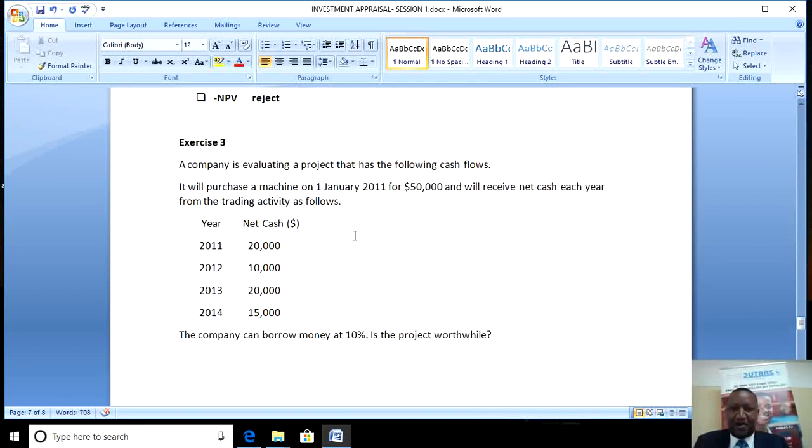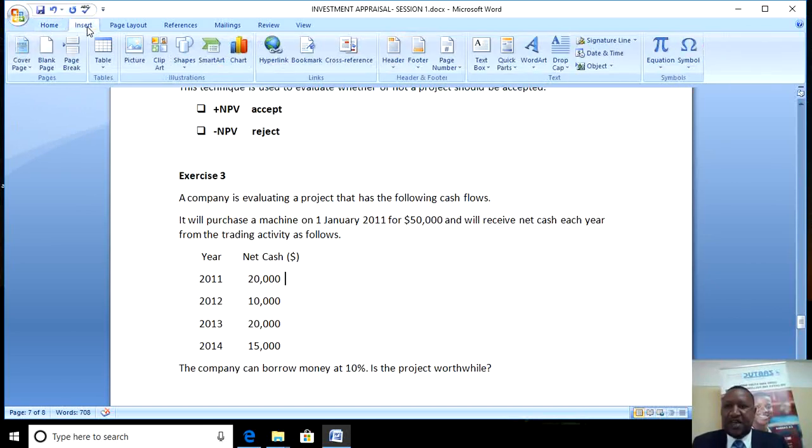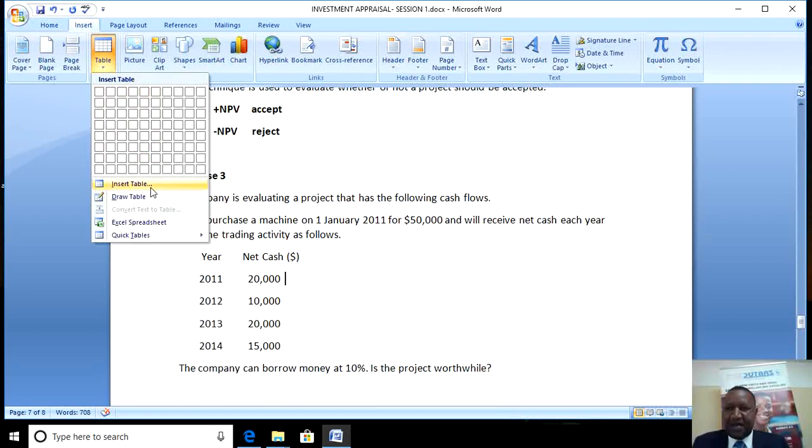We just need to compare the cash outflows and the cash inflows. So we have the 50,000 as the purchase cost, so that's the cash outflow. We have 20,000, 10,000, 20,000, and 15,000 as the net cash inflows. The only thing we need to do here is to bring all figures into present value terms. So let's have a table to work with.